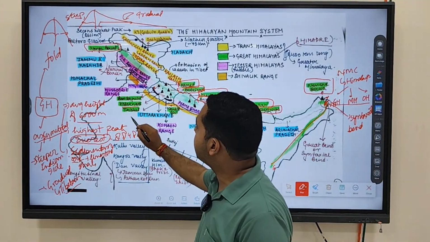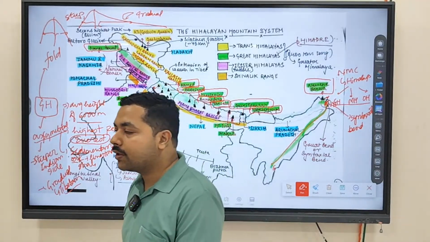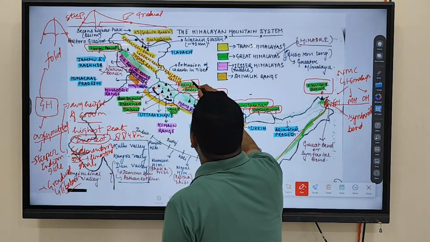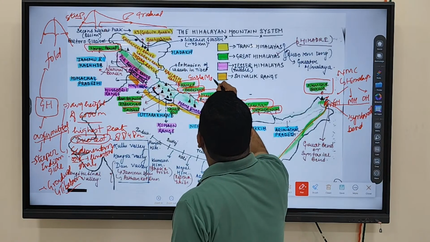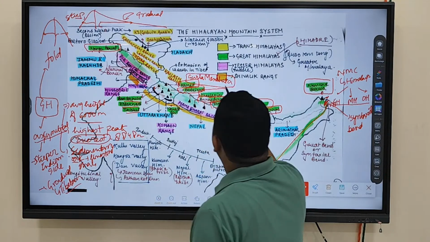You can see Kedarnath, Trishul, Bandarpunch. All these are nothing but Greater Himalayan ranges. So Mount Everest, Kanchenjunga, Dholagiri, Kamet, Mansalu, and there is also a peak here which is referred to as Gurla Mandata, lying in this region.